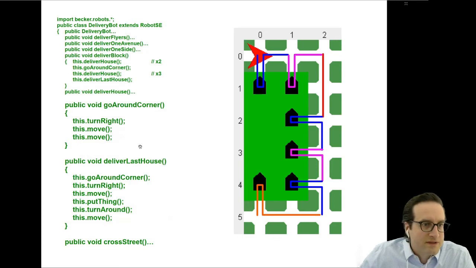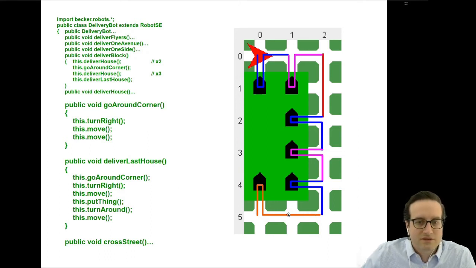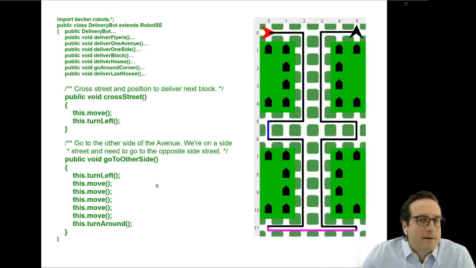And then we have some more details about going around a corner, and there's a special case of delivering to the last house, because they have to travel a little bit longer here in this orange segment. And so you can see that we're slowly dividing things into smaller and smaller pieces and reusing code using methods.